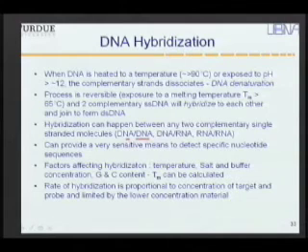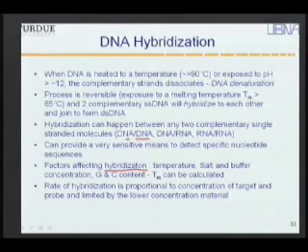This is very important, because salt and buffer can change the net ionization of the molecule and of the phosphate backbone, so the charge on the phosphate backbone could be neutralized depending on the salt and buffer conditions. Another factor is the GC content, and by the way, using these conditions, you can calculate the melting temperature of a given sequence of molecules. There are formulas available to do that. And of course, the rate of hybridization is proportional to the concentration of target and the probe, and limited by the lower concentration materials.